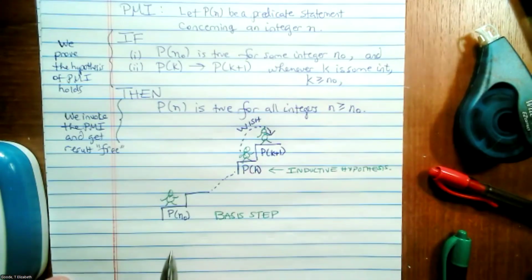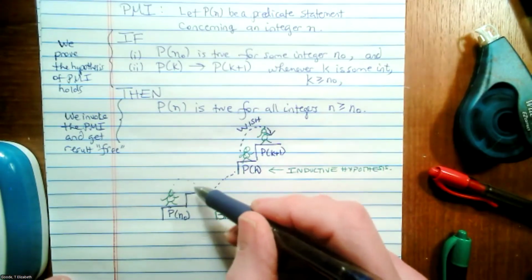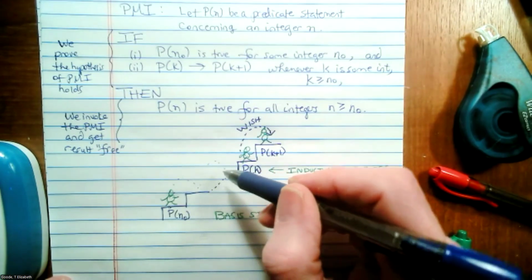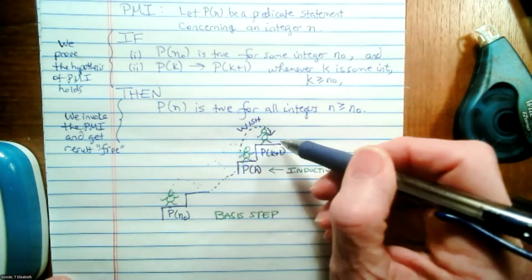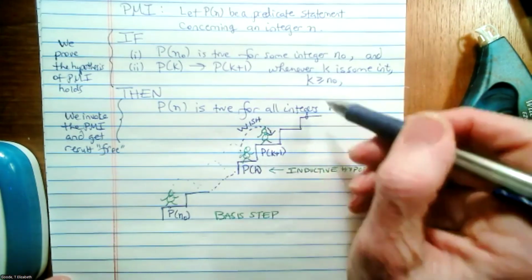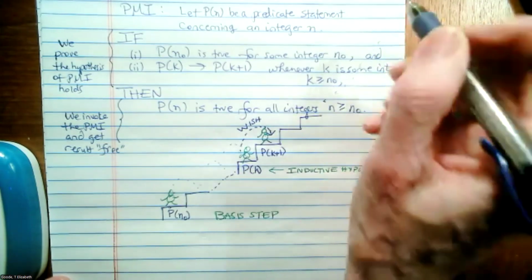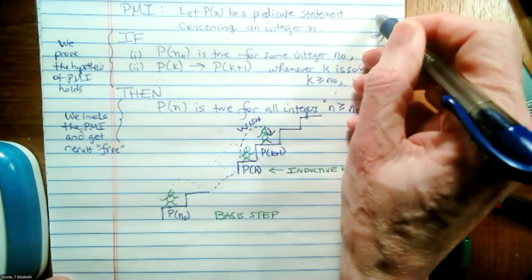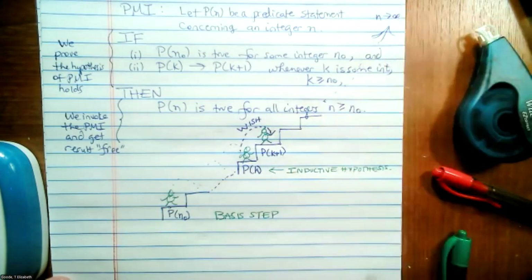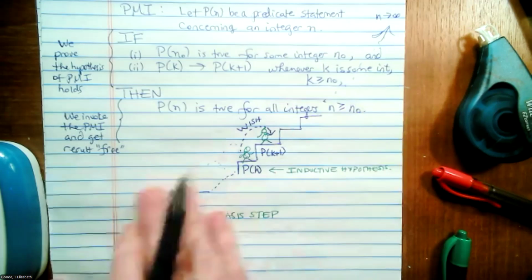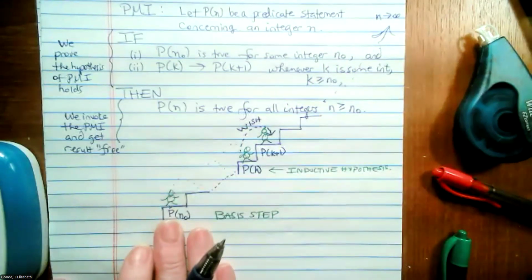If we can do that, then we've proven we can get on the staircase, and that no matter what step we're on, call it K, we can always step up. That means we can keep on stepping up forever and ever, and it's true as n goes to infinity. So that's the intuition behind the principle.